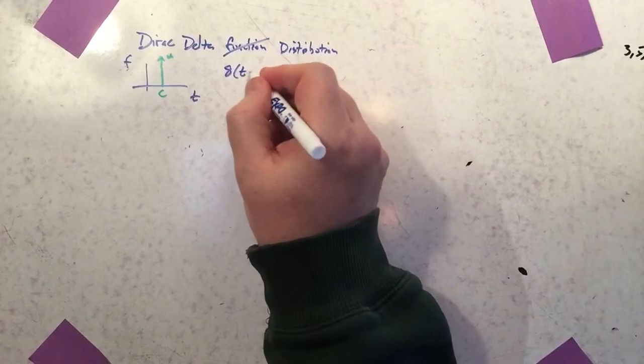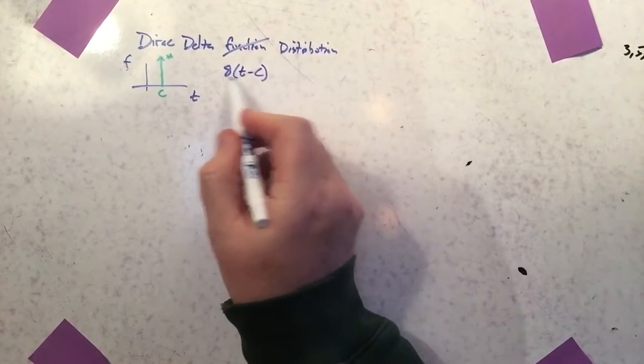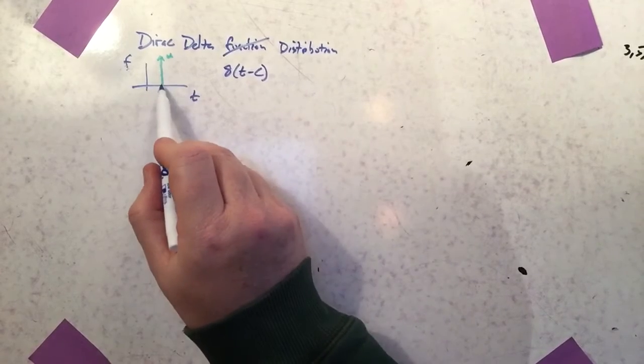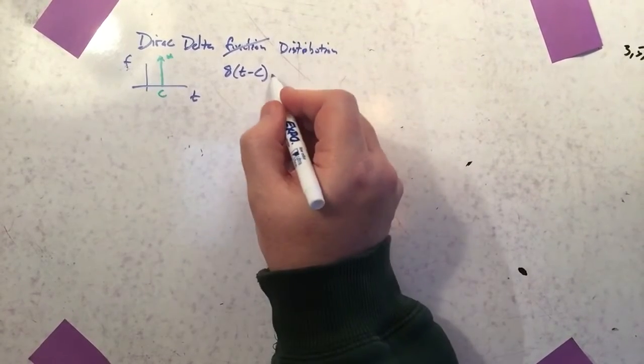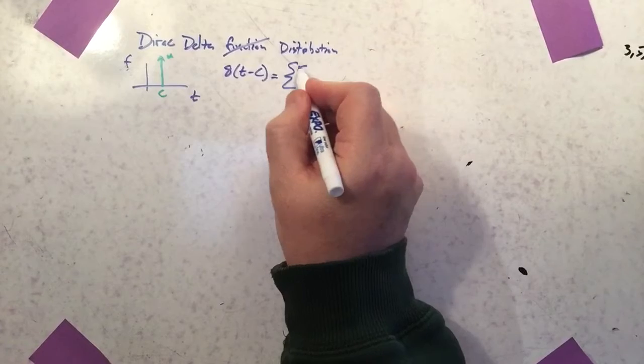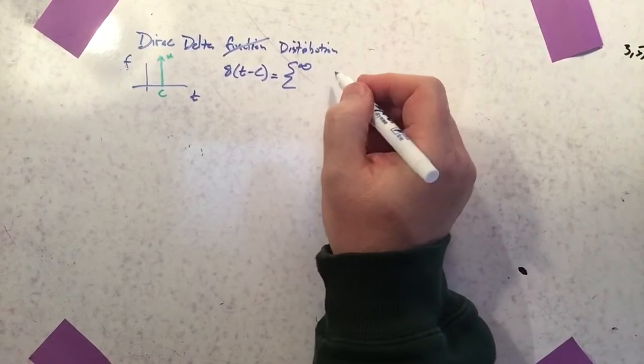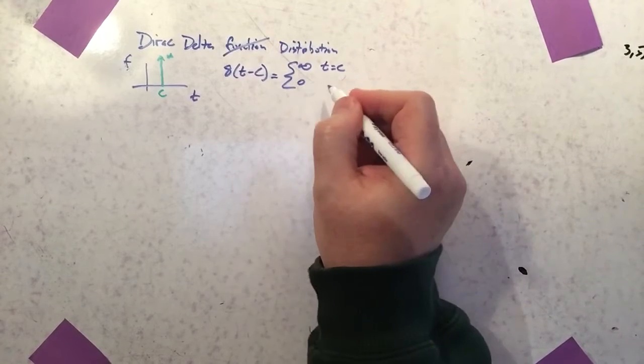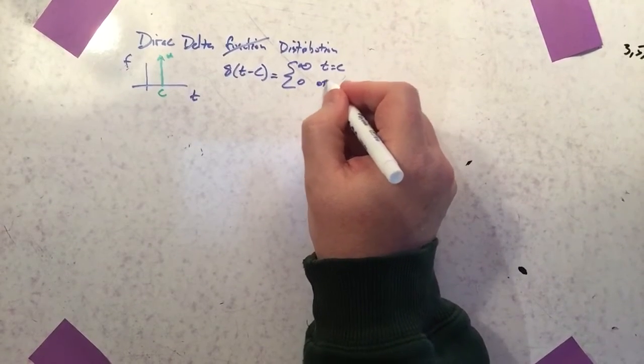And it's t minus c. So this would be the Dirac delta at point c, which means it's infinite right here and it's zero everywhere else. So that's its definition, is that it has a magnitude of infinity as long as t is equal to c, and it's got a magnitude of zero everywhere else, so otherwise.